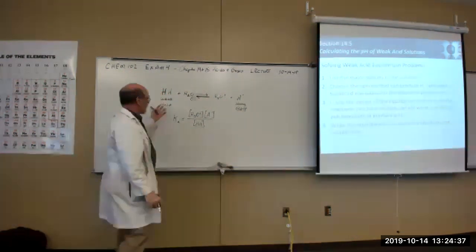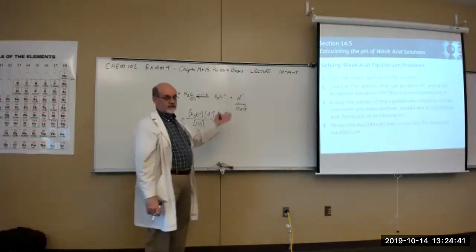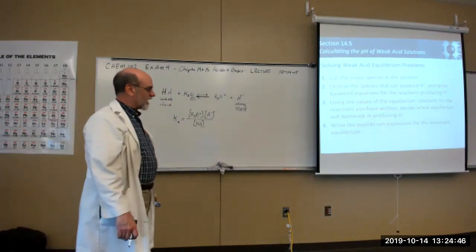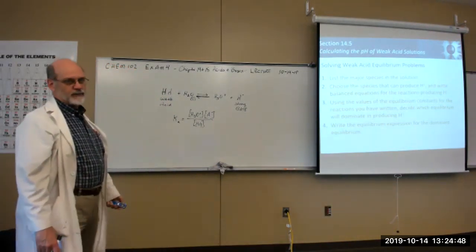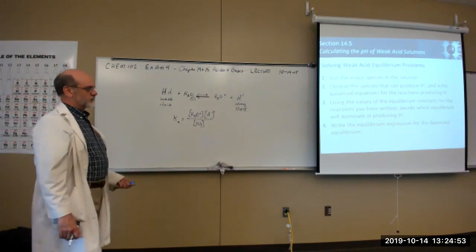But if we have a weak acid in there perhaps, and we add something else to it, then that reaction may dominate. So that's what we have to decide before we can actually do a calculation. You can't just plug numbers into a formula. That's a recipe for disaster.